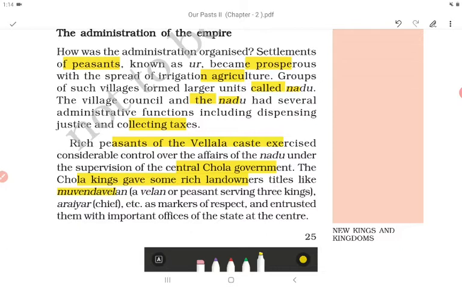The Chola kings gave some rich landowners titles like Movenda Velan, a Velan or merchant serving three kings, Arayar, chief, etc., as markers of respect and entrusted them with important offices of the state at the center.